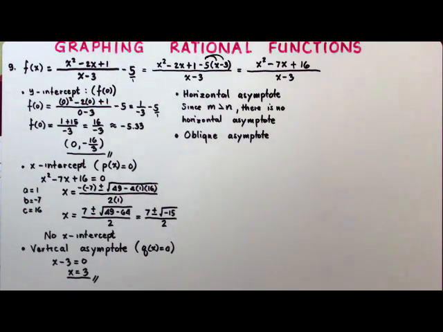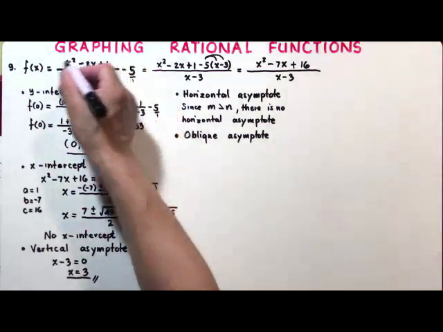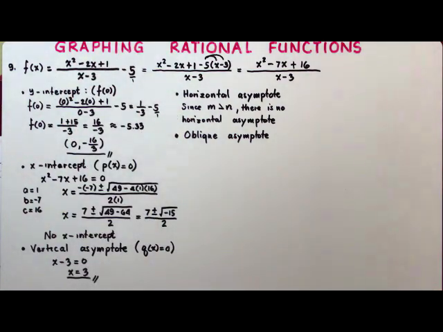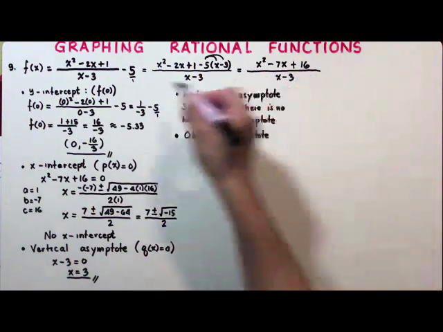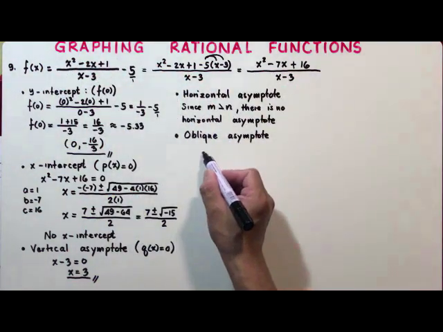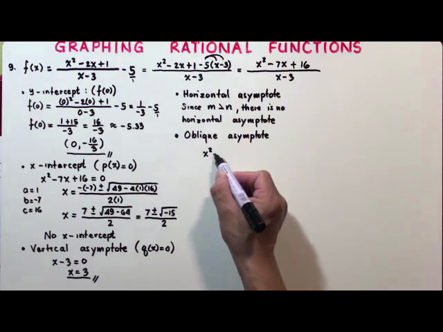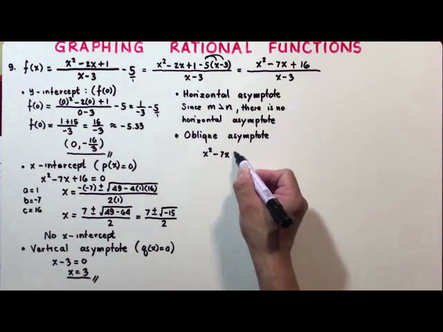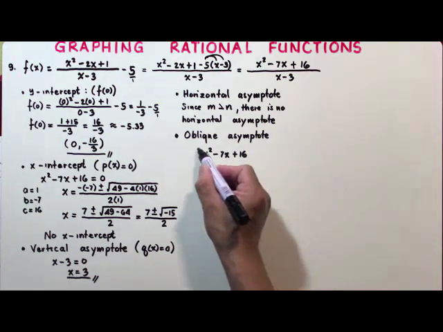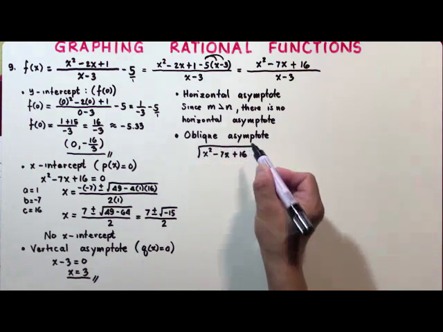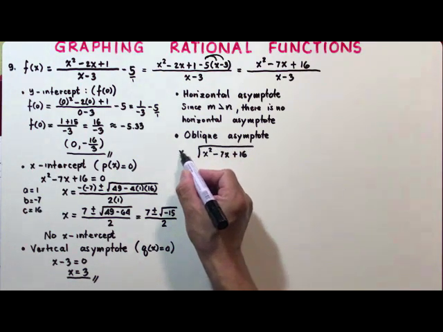And how do you find the oblique asymptote? We simply divide the numerator by its denominator. So using the reduced form of this function, we divide x squared minus 7x plus 16 by the divisor here, which is x minus 3.